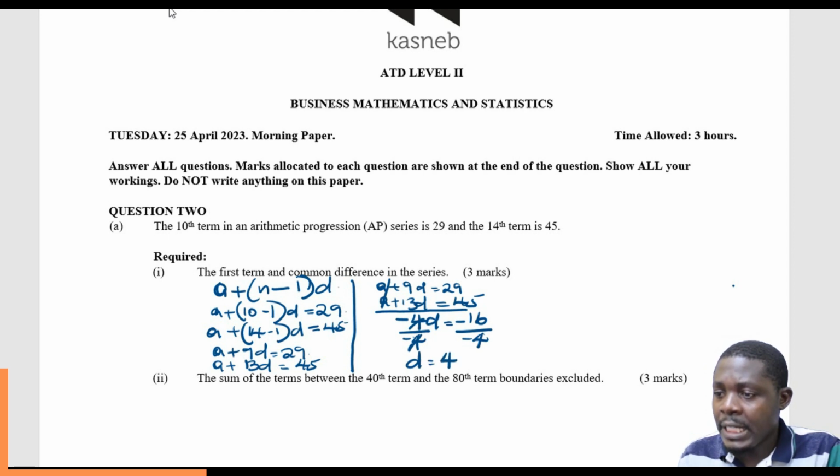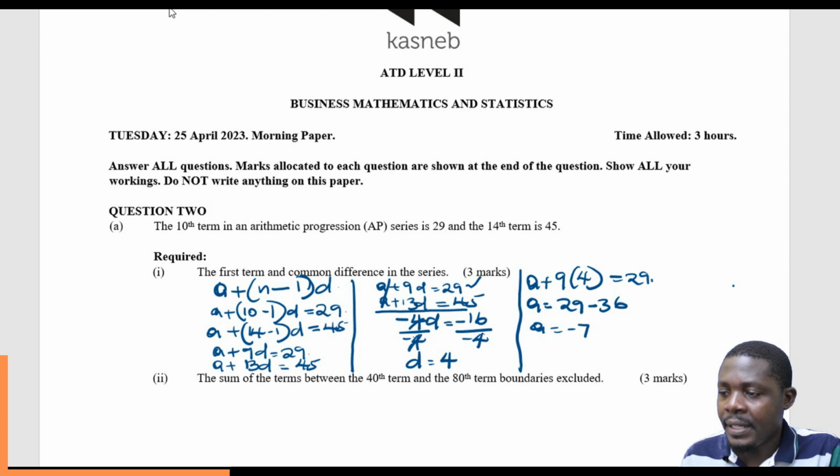We can substitute this d in this particular equation to get the value of a. I'm going to have a plus 9 times 4 is equal to 29. a is equal to 29 minus 36, so a is equal to negative 7. The first term is negative 7, and the difference d is equal to 4.